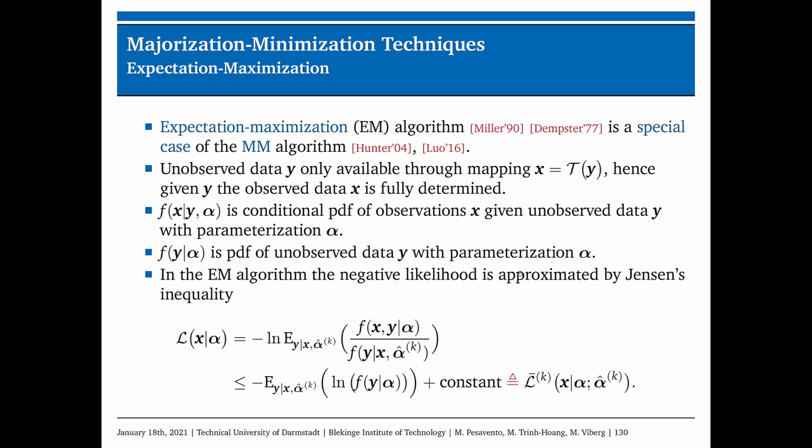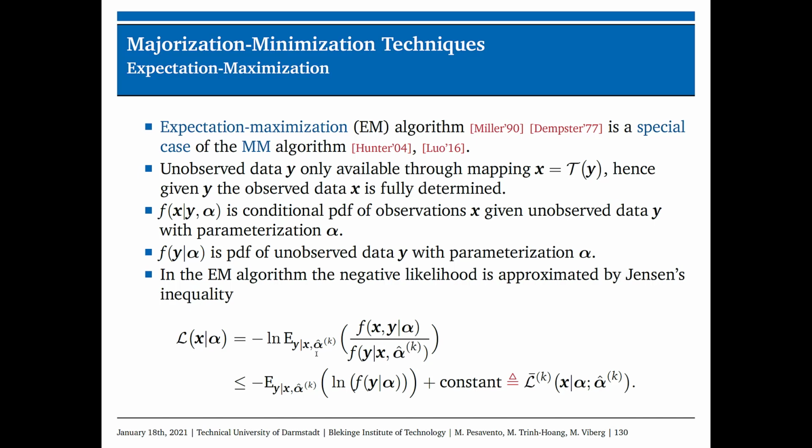Then we can use Jensen's inequality to find an upper bound approximation of the log likelihood function L of x given alpha, and the likelihood function can be written as a conditional expectation of the ratio function given over here, where expectation is taken with respect to the random variable y, so the unobserved data, conditioned on x and alpha hat k.